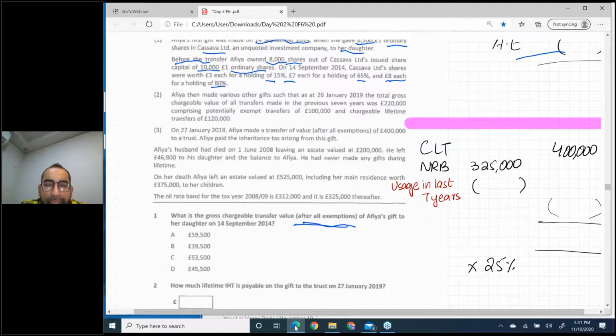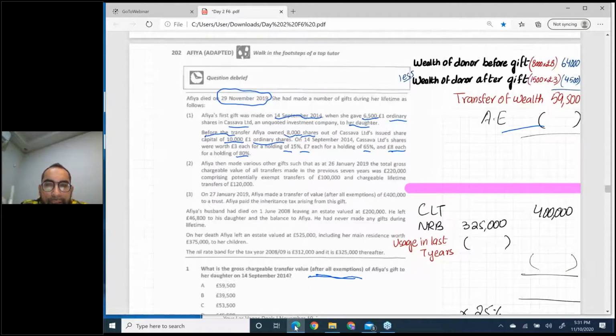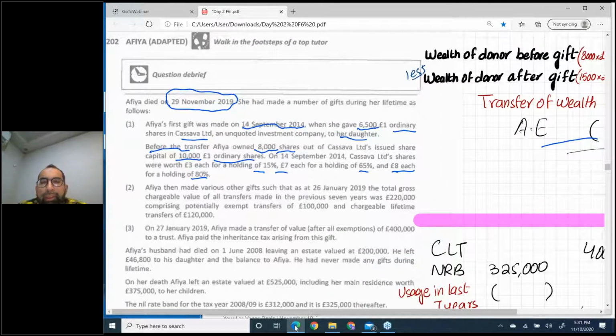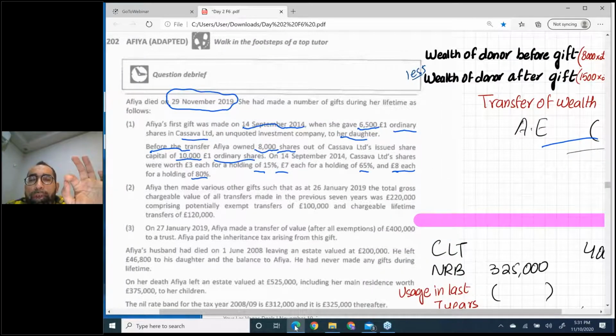If you see, 14 September 2014 means the 2014-15 fiscal year. Can you see any gifts in the last fiscal year?